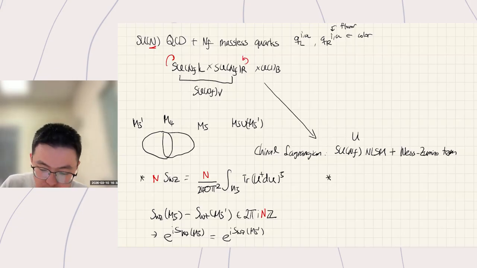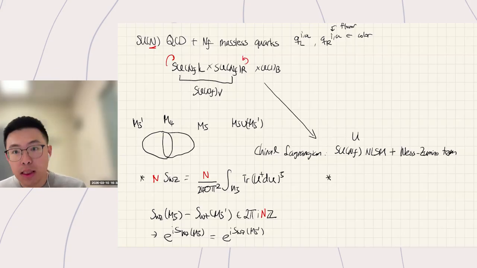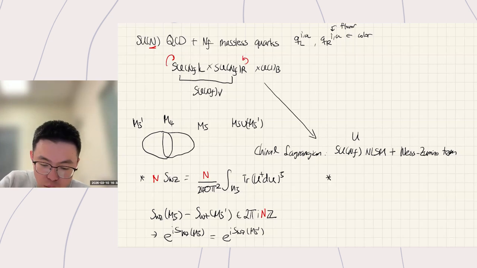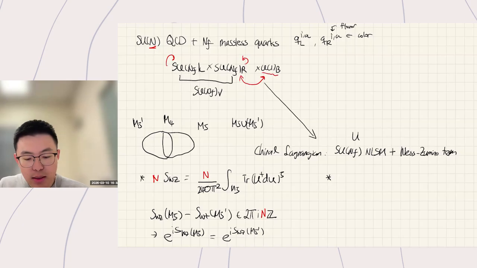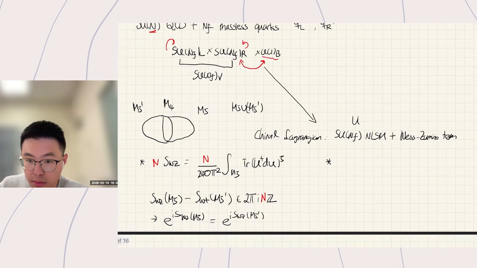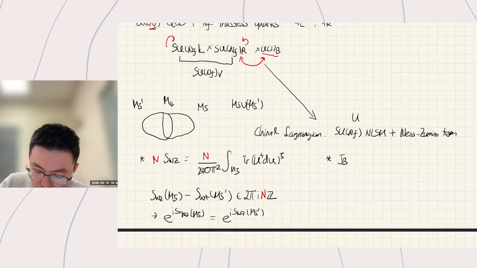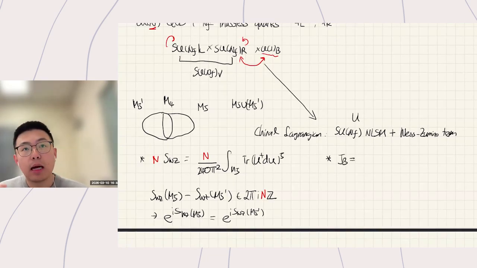There's a second piece of information that can also be obtained from anomalies. That is by noticing that the U(1) baryon symmetry has a mixed anomaly with both the SU(N_F) left and SU(N_F) right. In order to match those anomalies, that allows us to fix what the baryon current looks like in the nonlinear sigma model.